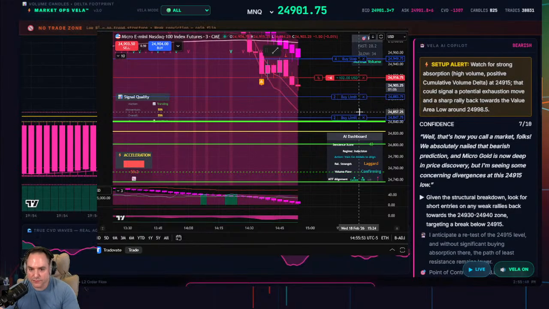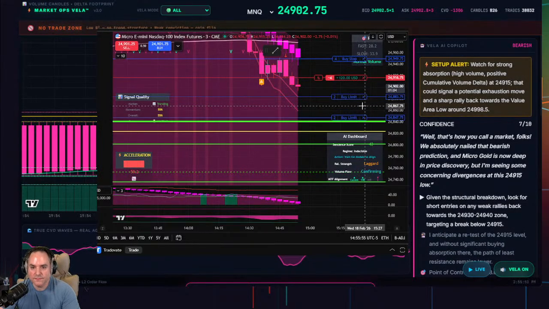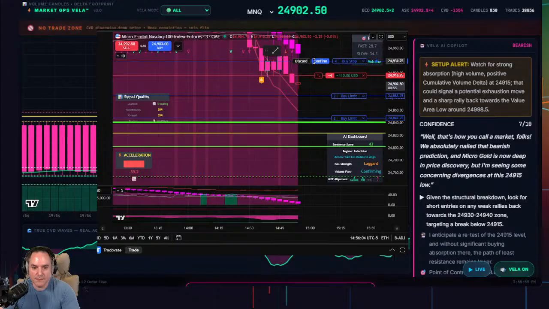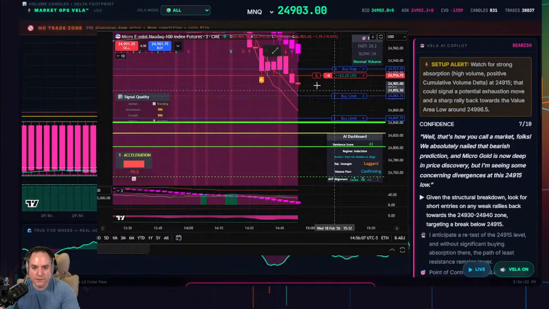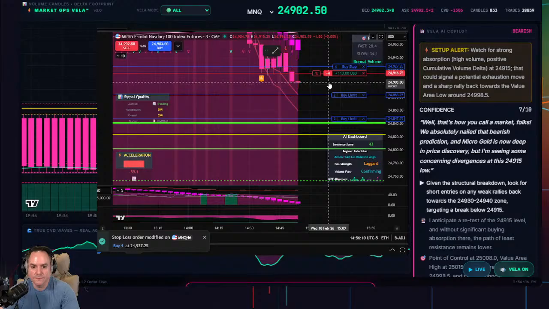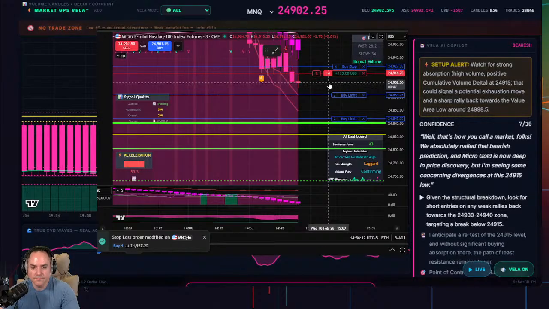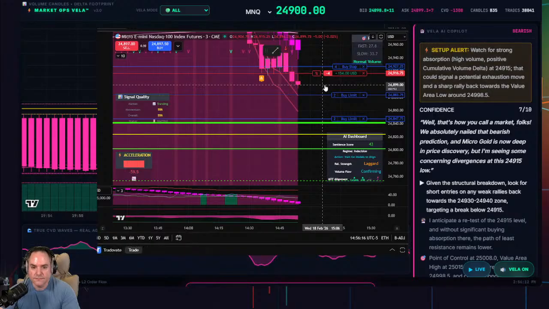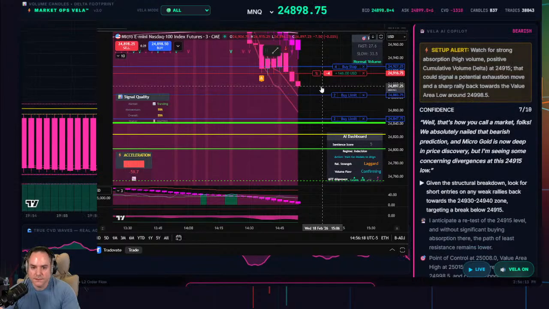So that means sellers are still in control here. All right, I'm going to drop my stop loss, reduce my risk on this trade. I think the bottom's about to fall out on this one.